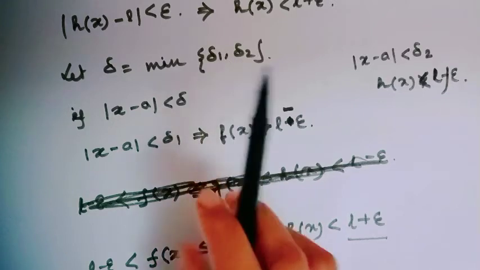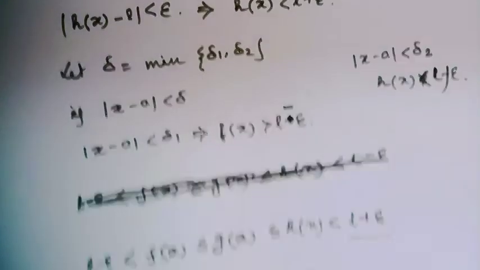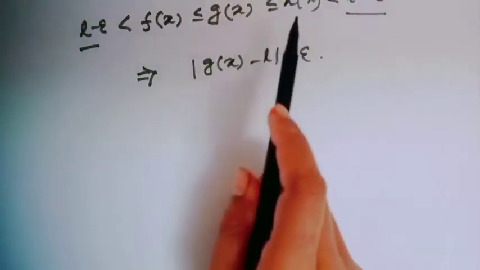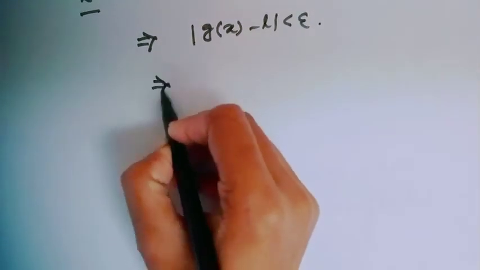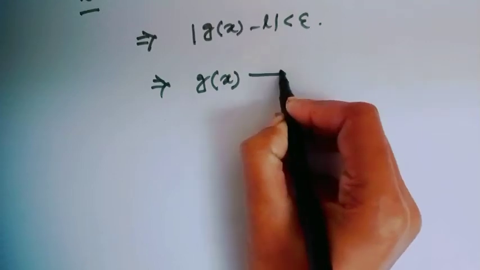That means delta is so small such that the inequalities F, G, H hold together. Okay? From this line we can write g(x) converges to L.